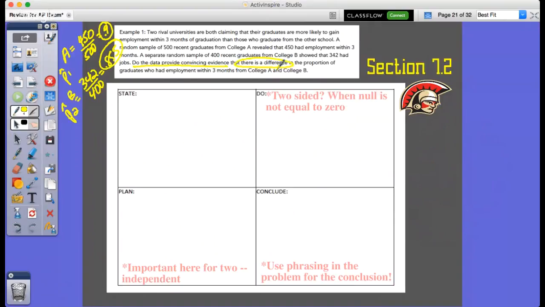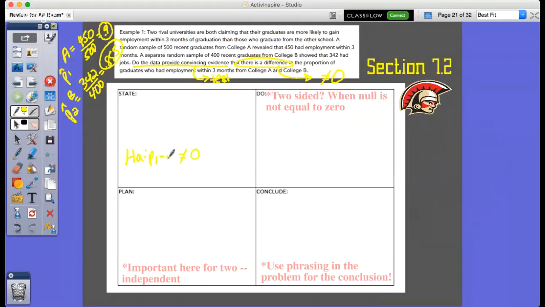Okay, so big thing. When I see difference, that there's a difference of something and it's related to a test, which is what we saw here, right? We know that in this case, we're talking about something that's not equal to 0. So within my alternative, I know that whatever it is would not be equal to 0. And what we're talking about in this case is our P of A, or P1. You could say whatever you want there.